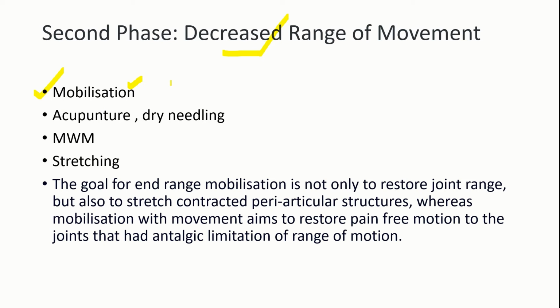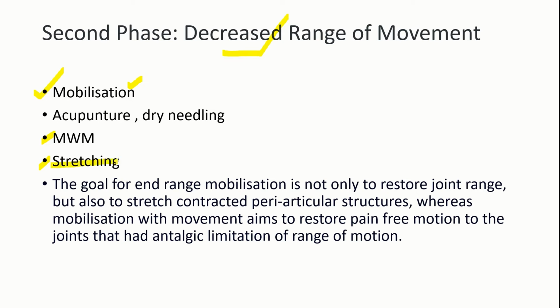In the initial stage, we can go for grade 1 for pain and spasm. Grade 2 is also for pain and spasm. So mobilization can be implemented. Then acupuncture and dry needling, mobilization with movements.